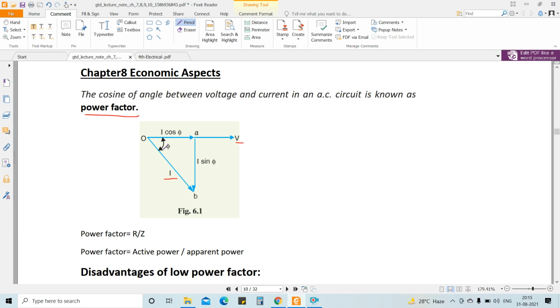If the angle between V and I is phi, then the V vector is the reference vector and I makes angle phi with the V line. If we convert the components of I, this is the cos component, that is I cos phi, and this is the sine component, that is I sine phi.